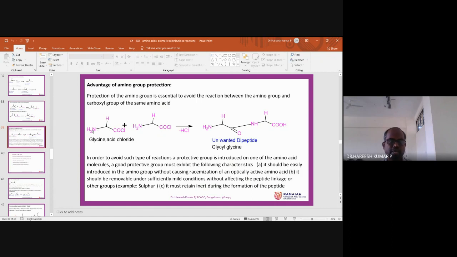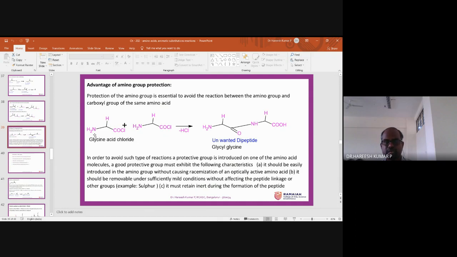If there is no protection, then this will act as a nucleophile. Then this will react with one more molecule of glycine acid chloride. Then it leads to the formation of glycyl glycine, an unwanted peptide formation. So in order to avoid such a reaction, a protective group is introduced.